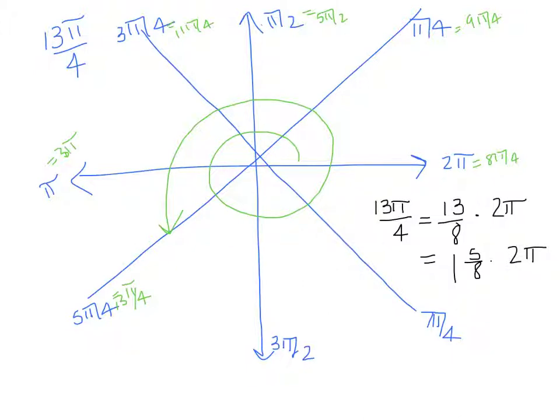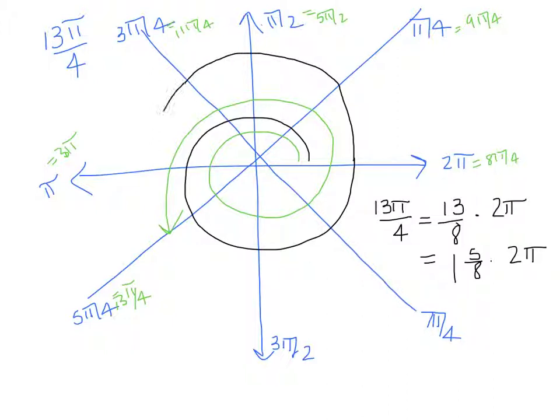That means that you would go around 1 full time, and then you would need 5 more eighths. 1, 2, 3, 4, 5. So that's another way you can find it out.